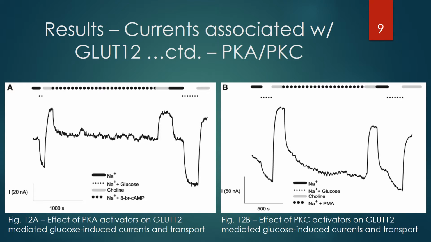The protein kinase activity effects on the currents associated with GLUT12. The left-hand figure shows the protein kinase A activator, and the right-hand figure shows the protein kinase C activator.